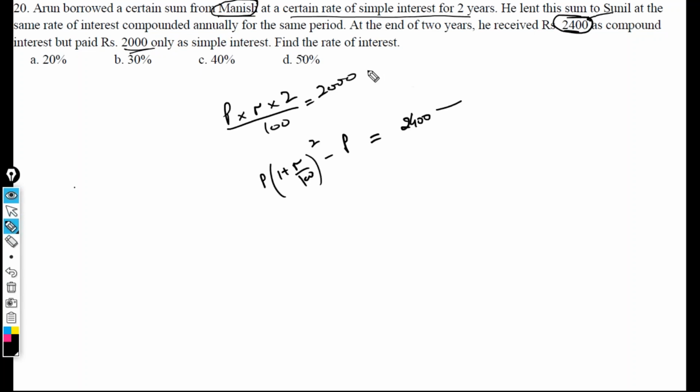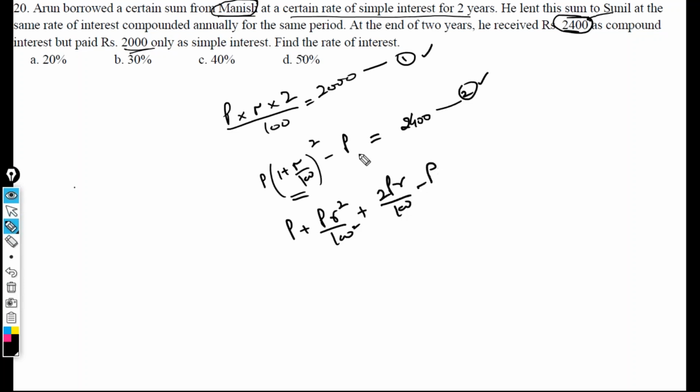So if I subtract these two equations, like second minus first, and I'm opening this bracket simultaneously, it becomes P plus PR square upon 100 square plus 2PR upon 100 minus this P minus this value, which is 2PR upon 100, equals the difference of these two, which is 400.